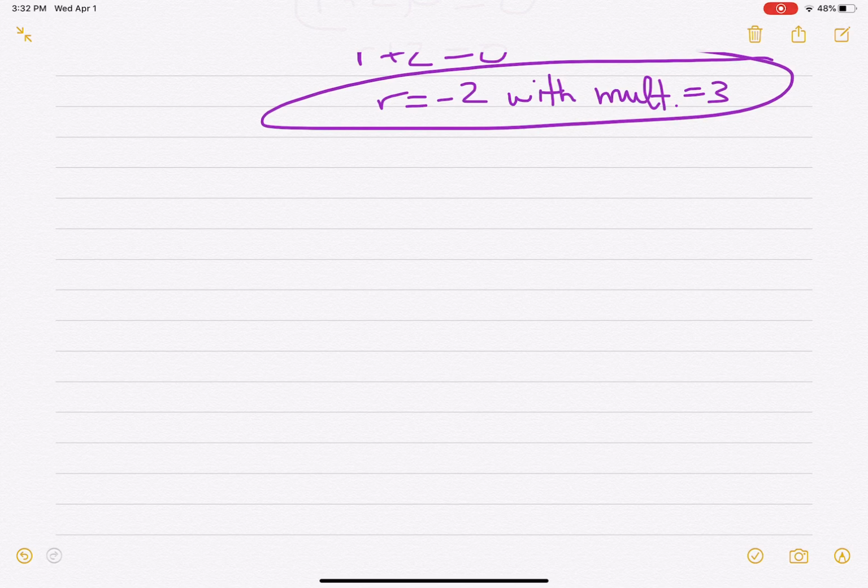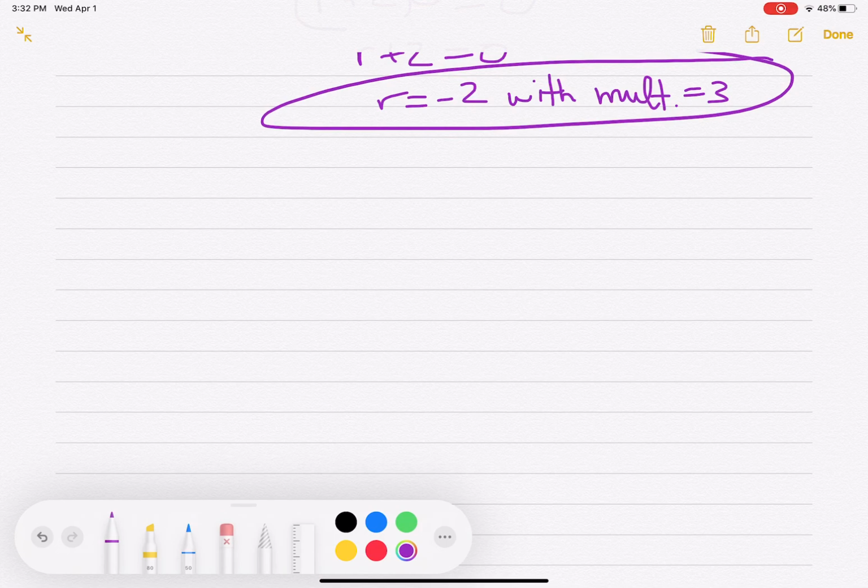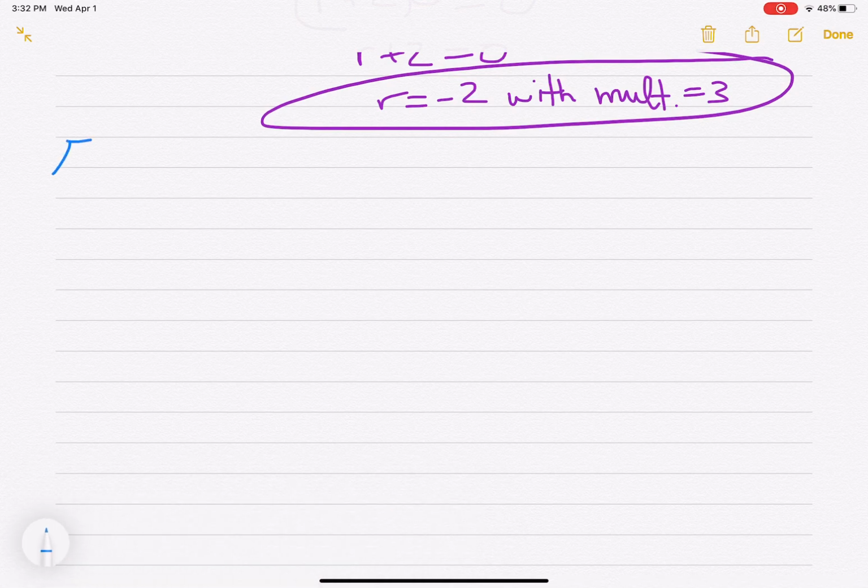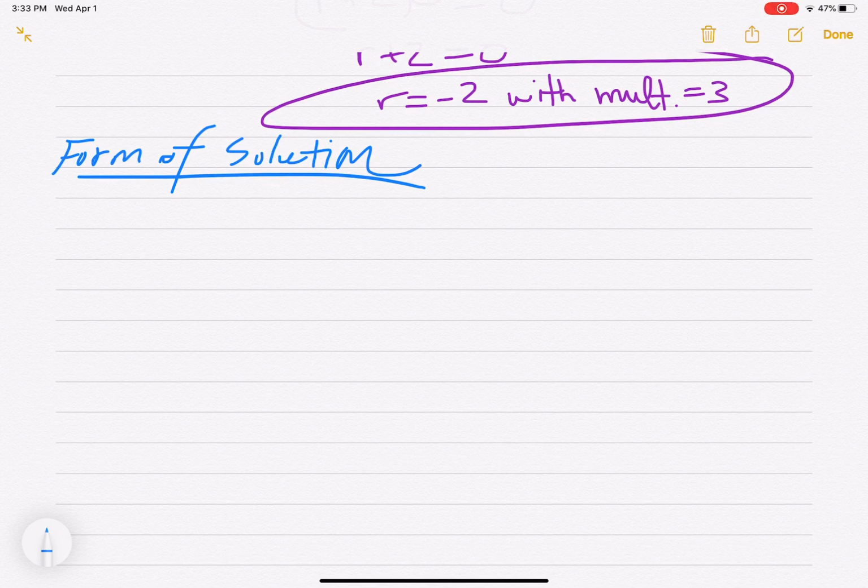So I suppose we should look at the form of the solution. The form of the solution is going to be what? a sub n. And we just have one root here.